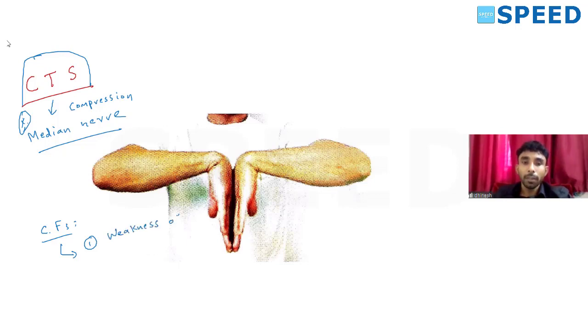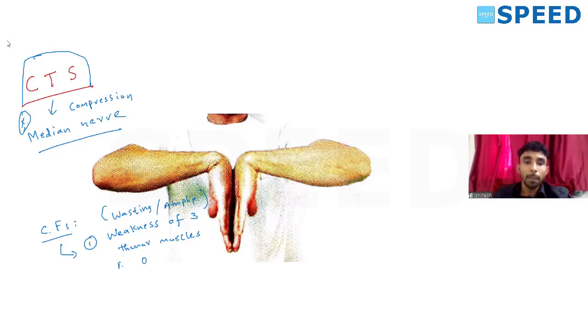Because of median nerve injury or compression, there will be weakness, otherwise wasting or atrophy, of the three thenar muscles, namely abductor pollicis brevis, opponens pollicis, and flexor pollicis brevis.